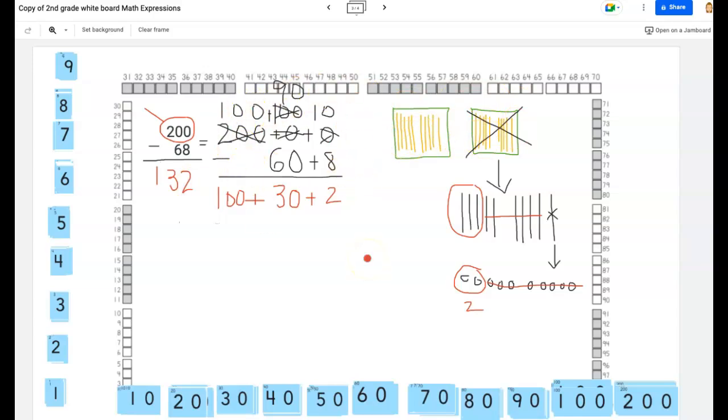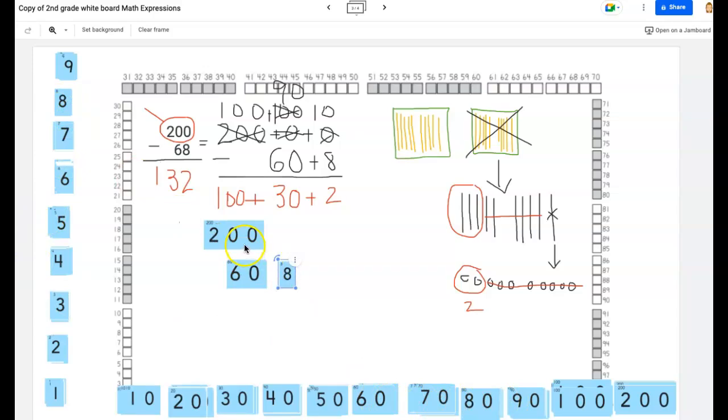But I want to use these cards to just review what we did here. So I'm going to hold on to this and let's pull it up. So here's 200. And I'm going to move it over here. We had 200, and we needed to take, and we put 68 in expanded form, right?